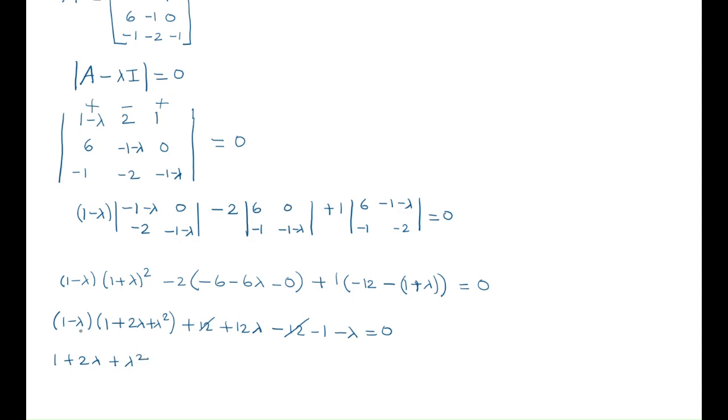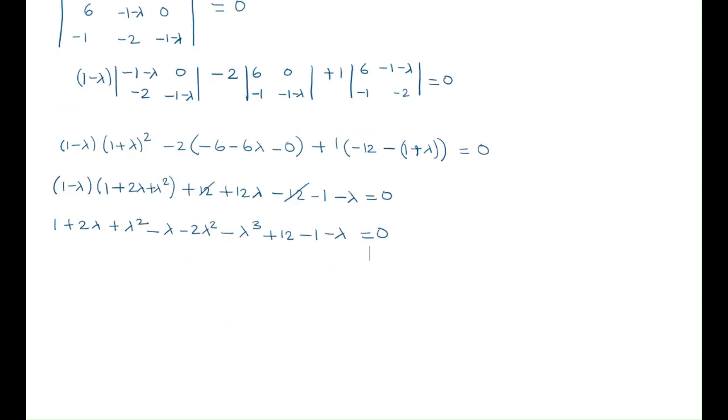And then multiplying with minus lambda with these three terms, we have minus lambda minus 2 lambda squared minus lambda cubed. Then we have plus 12 lambda, then minus 1, then minus lambda equal to 0. Let us continue expanding further.